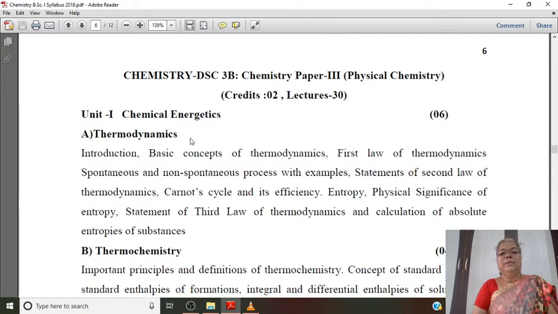Then you study entropy, its physical significance, the statement of the third law of thermodynamics, and calculation of absolute entropies of substances. These are the subpoints included in part A of chemical energetics.